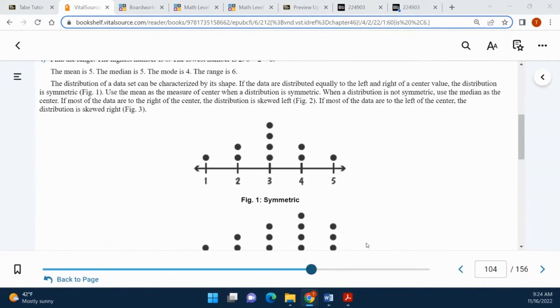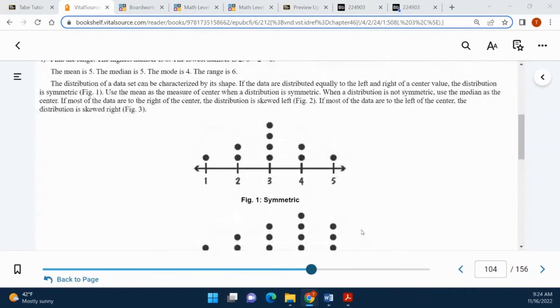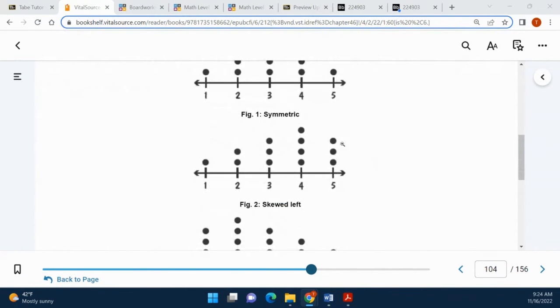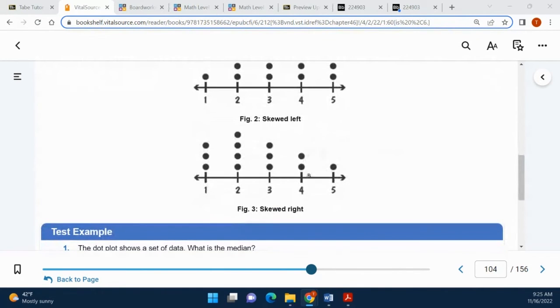Well, when the distribution is not symmetric, you use the median as the center. And then here we have when it's skewed to the left. It says if most of the data are to the right of the center, the distribution is skewed to the left. That's skewed to the left. If most of the data are to the left of the center, the distribution is skewed to the right. And that's here.